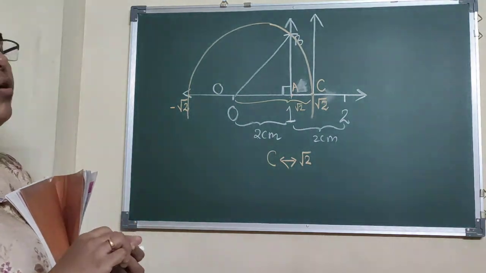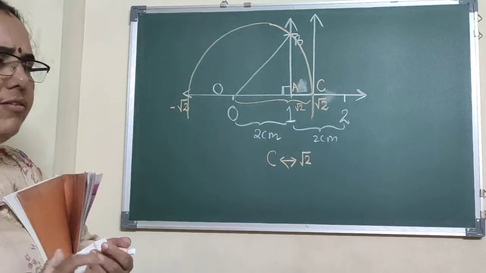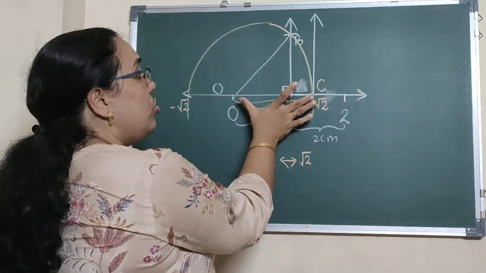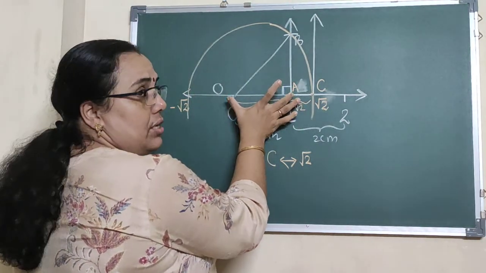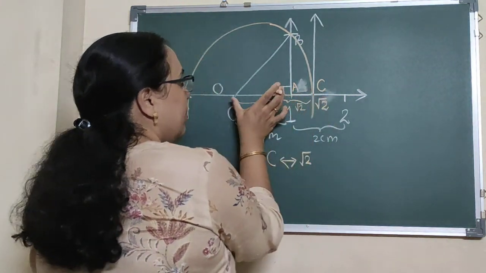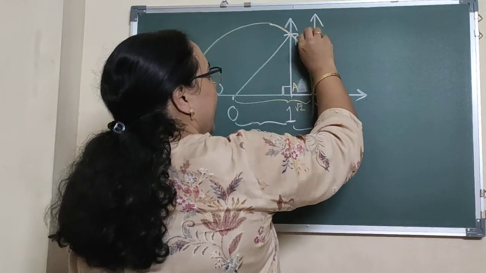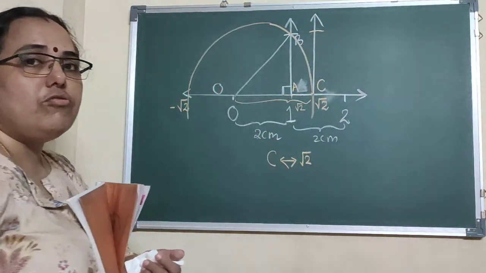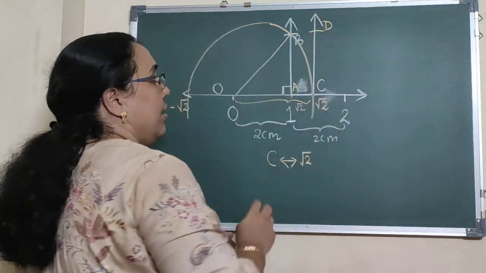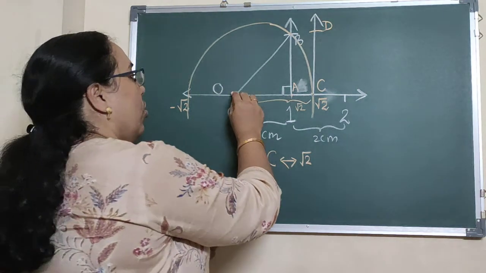Now at root 2, I can draw root 3. Process is the same. That is, you will take this 1 unit. Again, I repeat, not root 2. You will take 1 unit. Is that very clear? From point C, whatever is this 1 unit, that is your 2 centimeter, you will keep at point C and mark it here. That becomes your point D. Okay? Yes. Taking OD as a radius, OD.